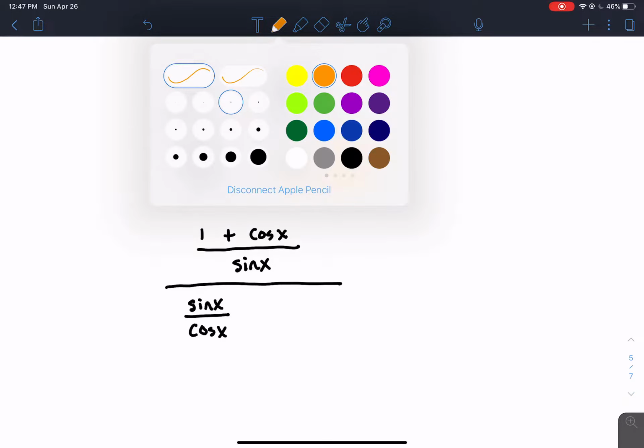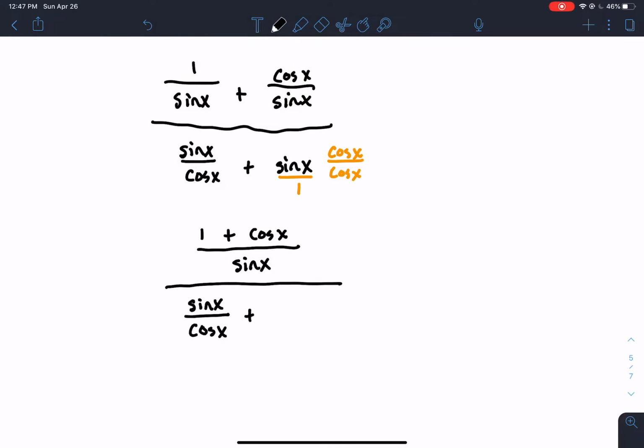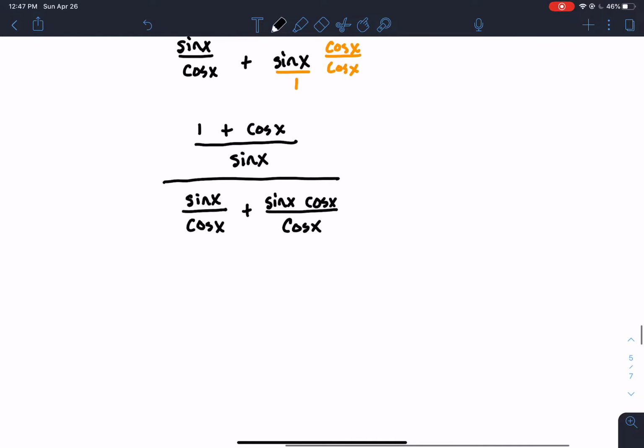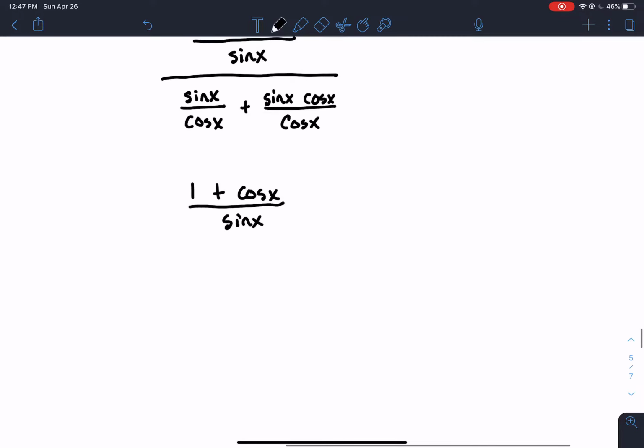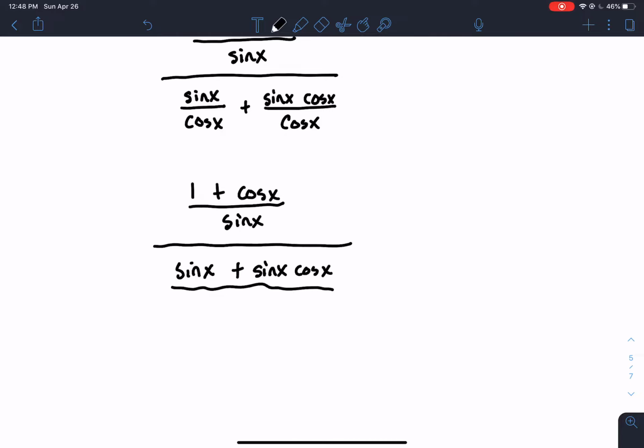So what's that give me? So that's sine cosine over cosine. Okay, so now we got 1 plus cosine of x over sine of x divided by sine of x plus sine of x cosine x over cosine x, right? Okay.